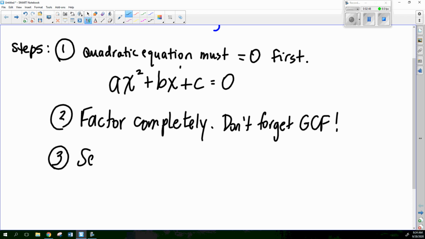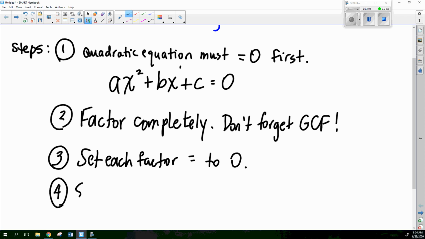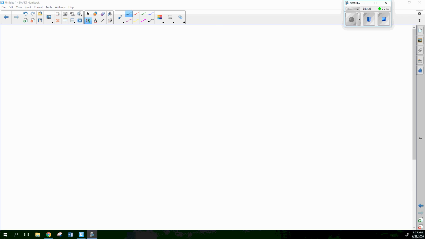Step 3, you set each factor equal to 0. And the last step, solve each new equation. So the directions will just say solve.